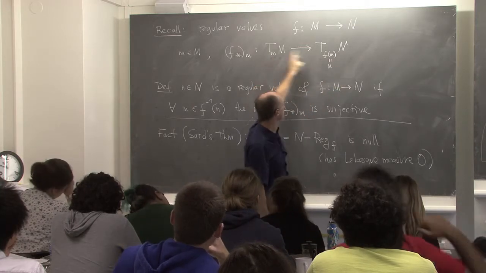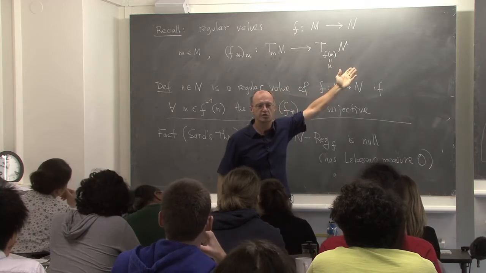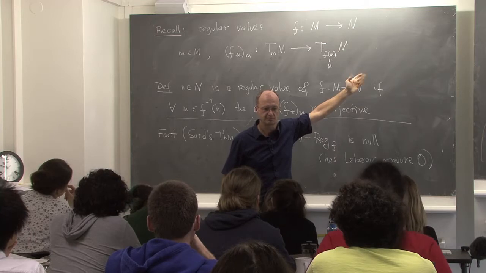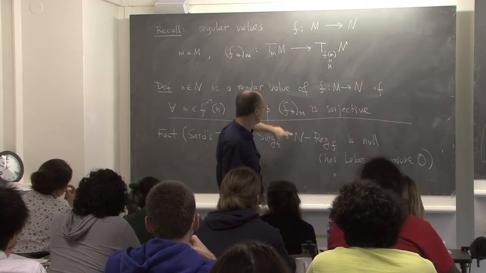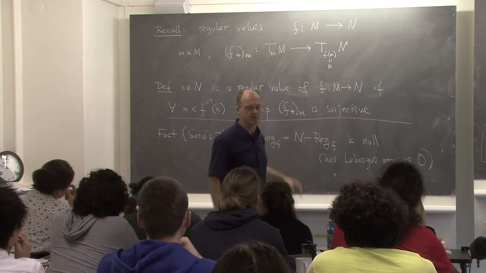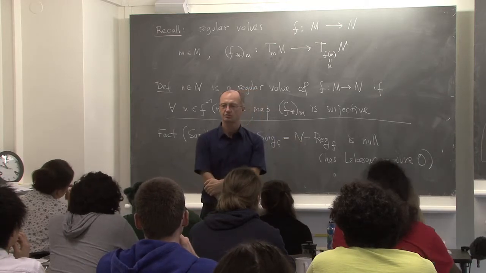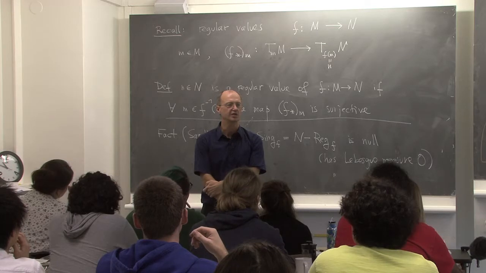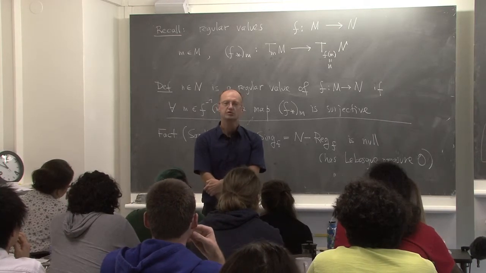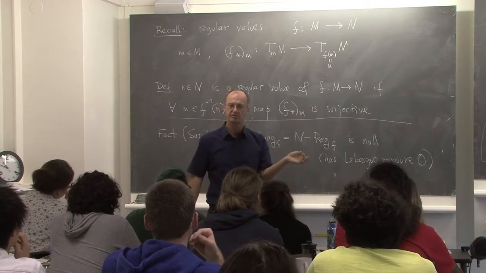So then this map simply has no chance to be surjective. It's never surjective. Still, we claim that the huge majority of values are regular values. How does it go together? Well, the image itself is going to be zero. So the image is very small.